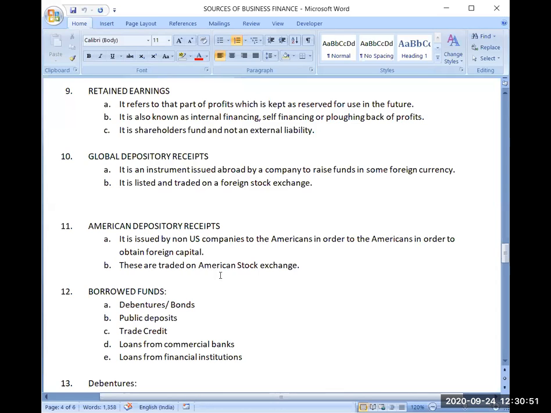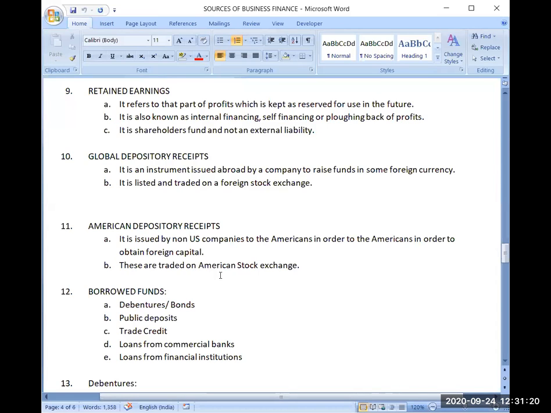Yes, very good. Obviously, we will be able to calculate gross profit or gross loss of our business. Now, after that, we will prepare profit and loss account.